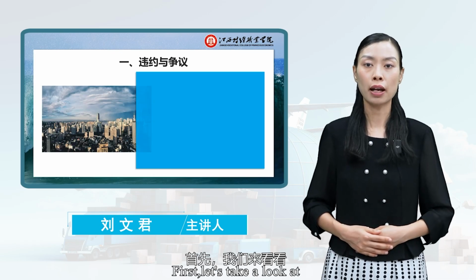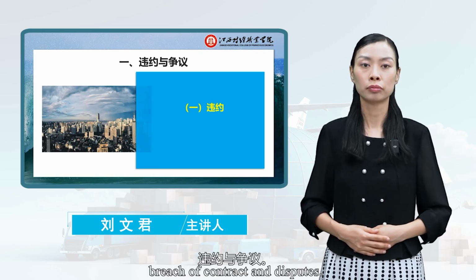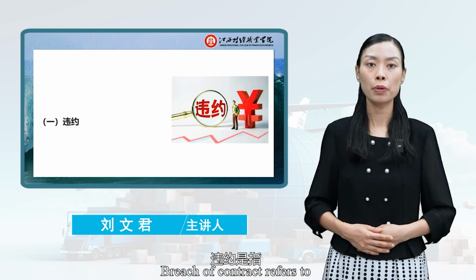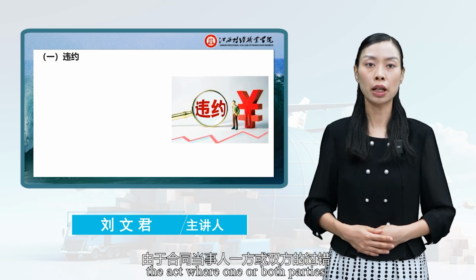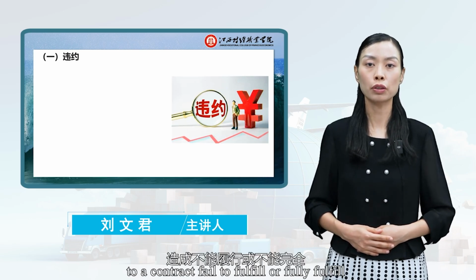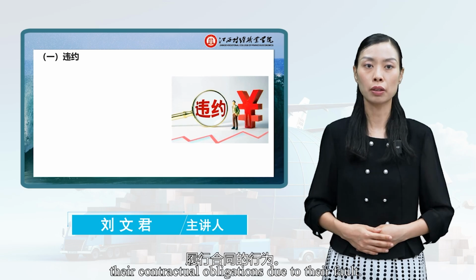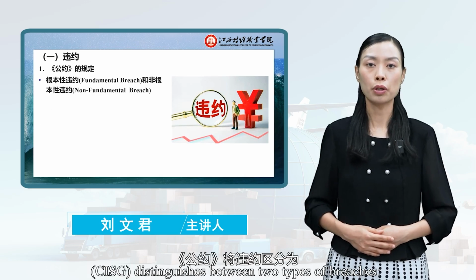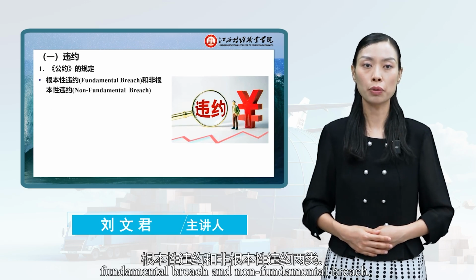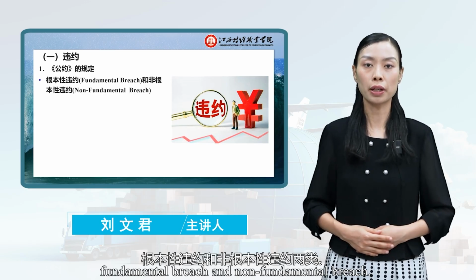First, let's take a look at breach of contract and disputes. Breach of contract refers to the act where one or both parties to a contract fail to fulfill or fully fulfill their contractual obligations due to their fault. CISG distinguishes between two types of breaches: fundamental breach and non-fundamental breach.